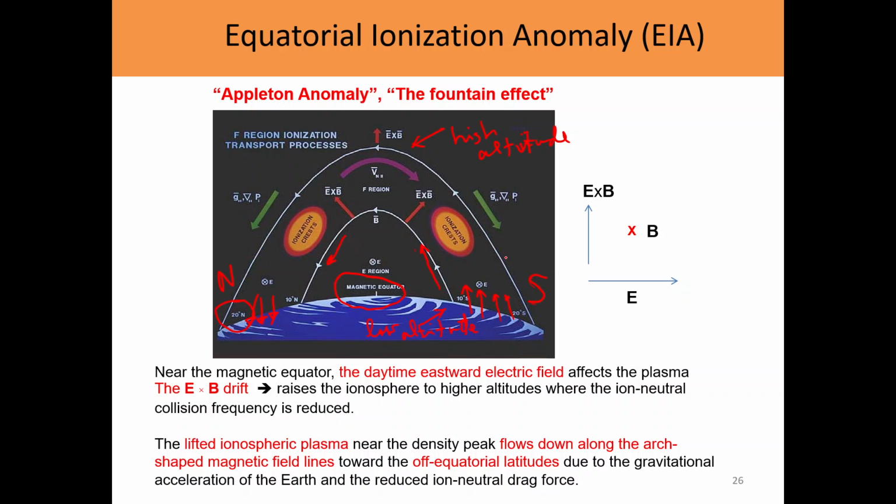So the magnetic field line is the field line that connects different layers in the ionosphere. If you have any ions that get pushed along the magnetic field line, these ions will go through different layers before they come back to the lower layer. Okay, you know what I mean, right?